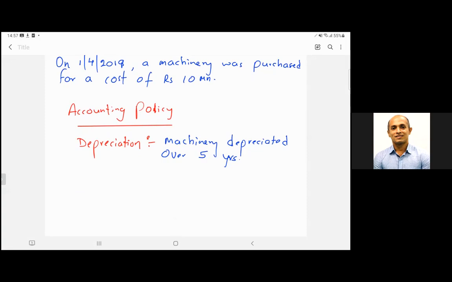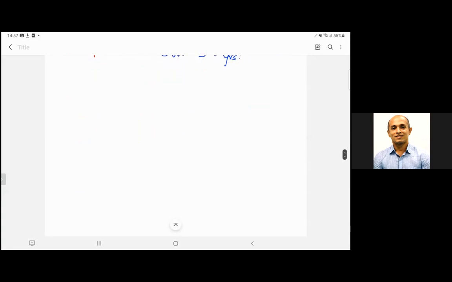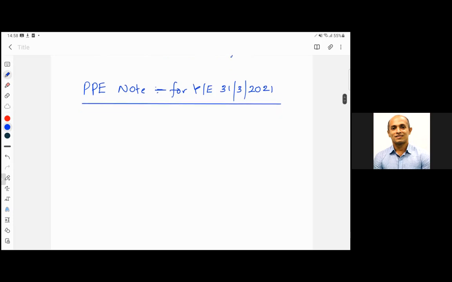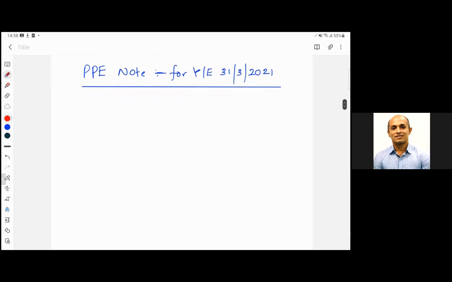Now let's see the property, plant and equipment note for the year ended 31st March 2021.